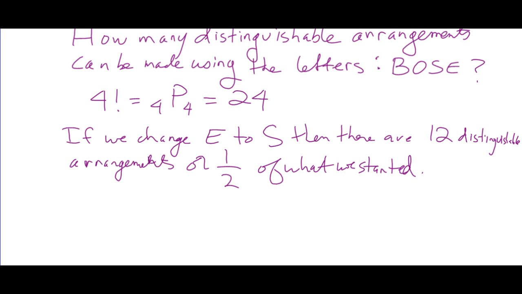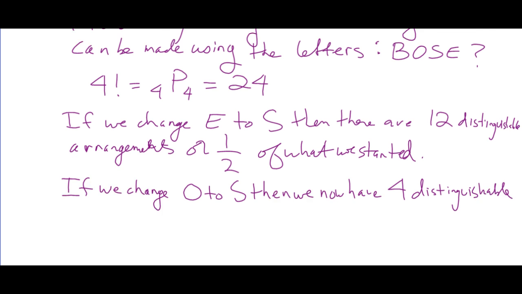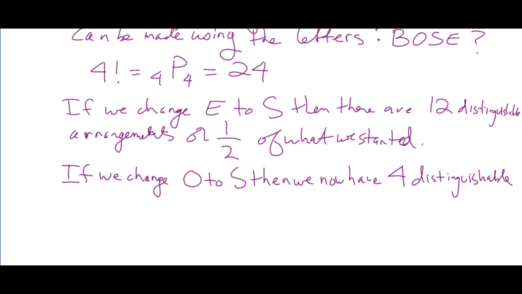If we change O, then we now have 4 distinguishable arrangements. And what fraction is that?